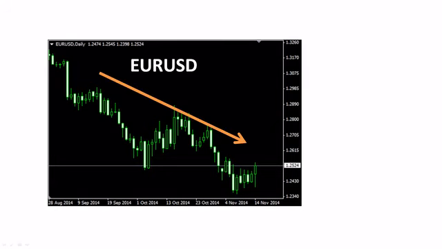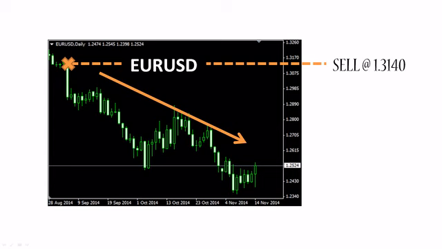Well, there's a trend, and a bearish trader would enter somewhere over there where we see the X on the top left.